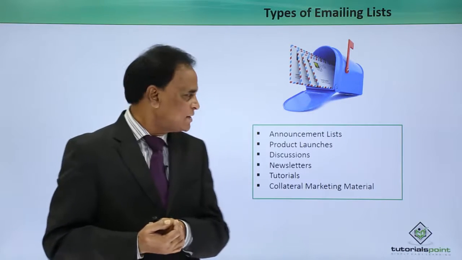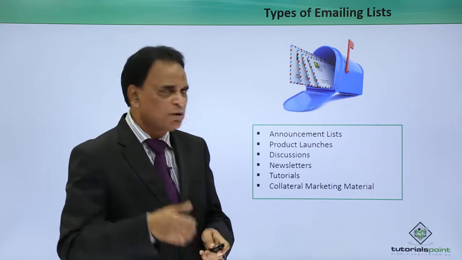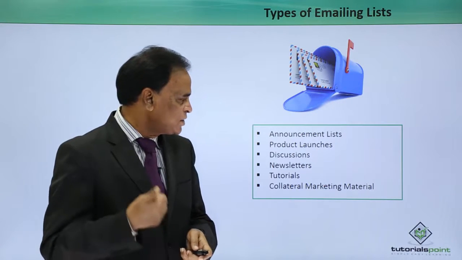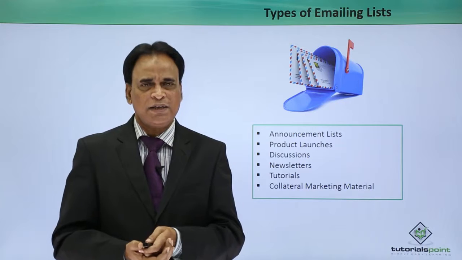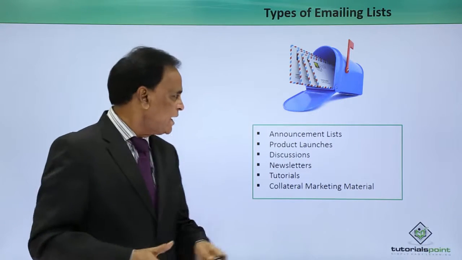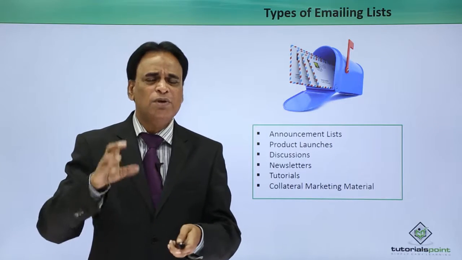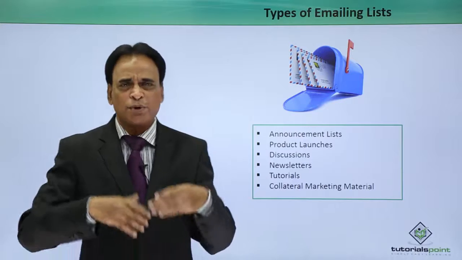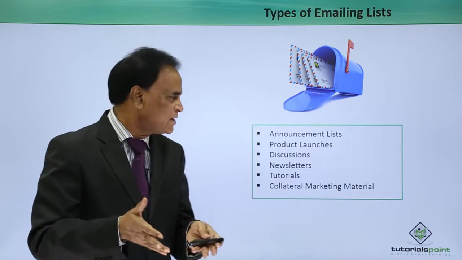Types of email lists. It could be an announcement list, a product launches list, a discussions list, newsletters, tutorials and collateral marketing lists. The lists can be different. A company may have an announcement list, because when they want to make an announcement, that is actually a separate list. For product launches, they want to make a separate list out of it.